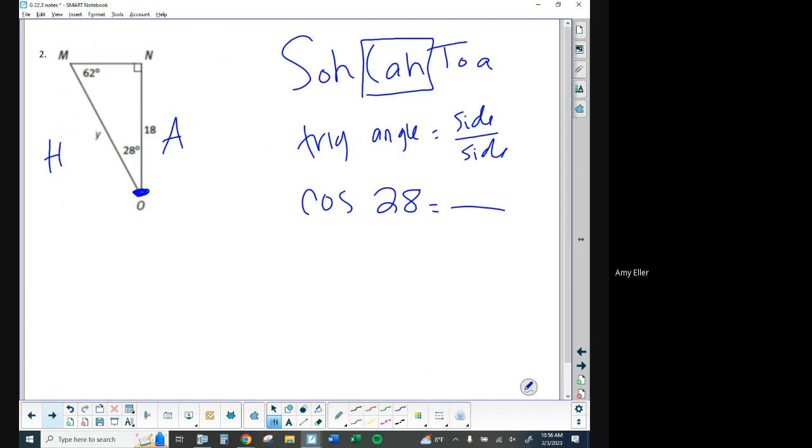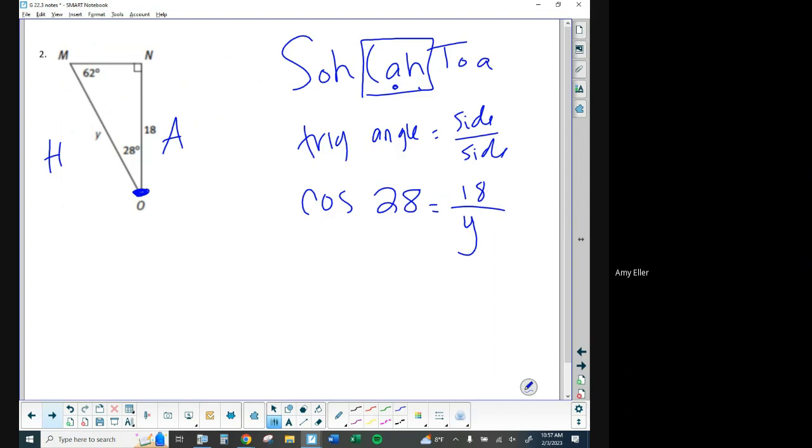Now put your sides in the correct order. So Katoa tells me adjacent comes first. So that's the 18. Hypotenuse is next, which is y. Questions?